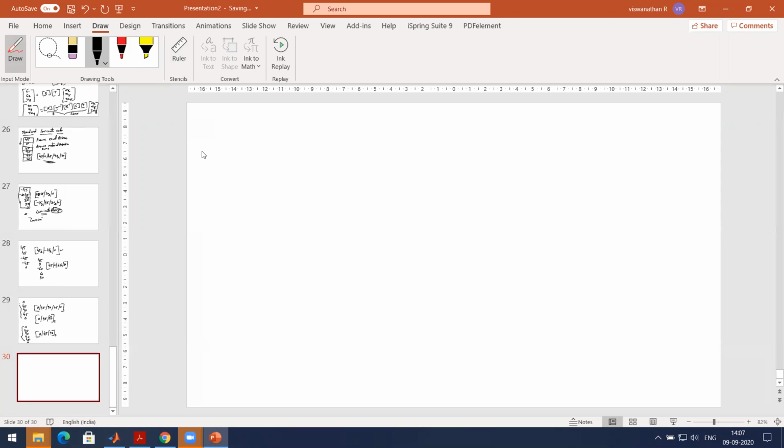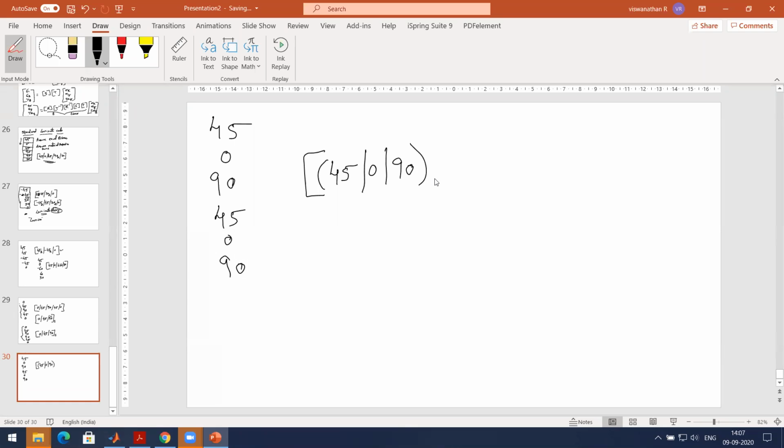Next is 45, 0, 90, 45, 0, 90. What you do is you write 45, 0 and 90, and then repeat this whole thing 2 times. Open a simple bracket.